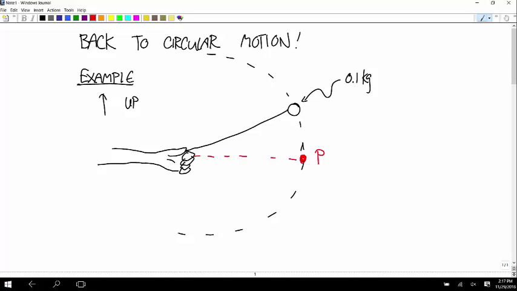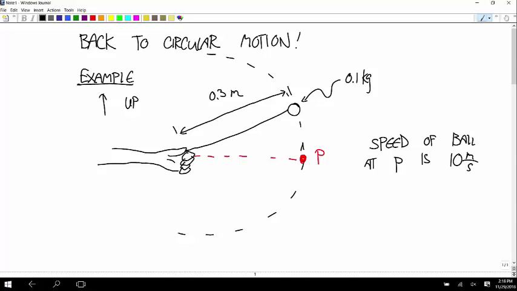The cable, the string, has a length of 0.3 meters. And the speed of the ball at that instant, so the speed of the ball at P, is 10 meters per second.